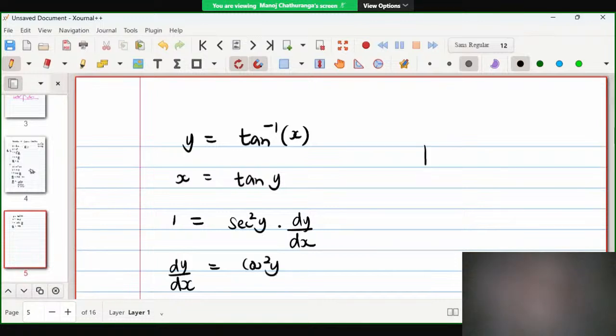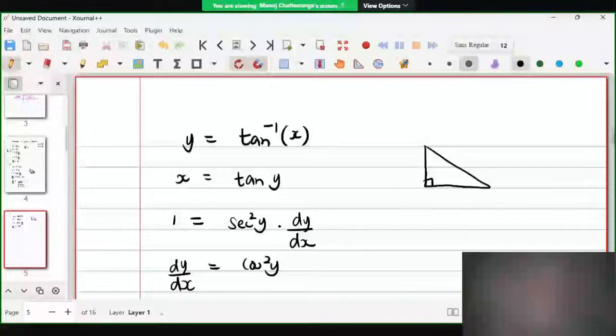Now, draw a triangle. You can use a circle, but you are just making things complicated. You can simply look at a triangle and simplify your approach.